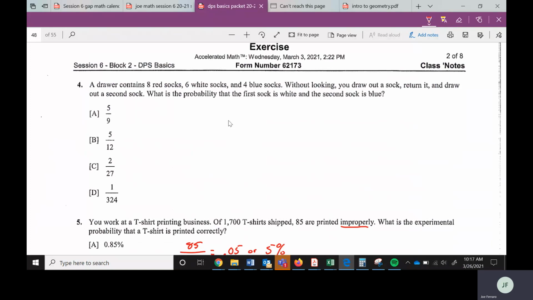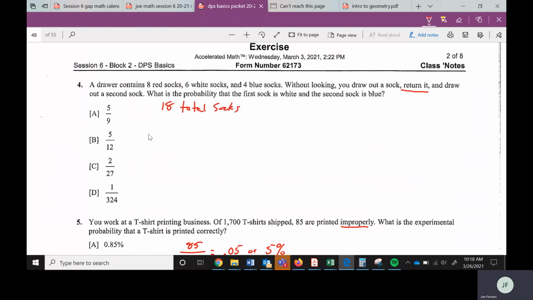A drawer contains 8 red socks, 6 white socks, 4 blue socks. Without looking, you draw out a sock, return it, and draw out a second sock. What is the probability the first sock is white and the second sock is blue? So the first thing, let's just look, what's the total number of socks? So 8 and 6 is 14 plus 4. We have 18 total.